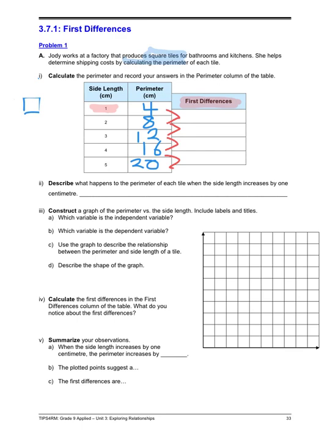So what we're going to do is take the lowest value and we're going to subtract the next value from it. In this case, we're going to take 20 and we're going to subtract 16, which is going to give us a first difference of 4.